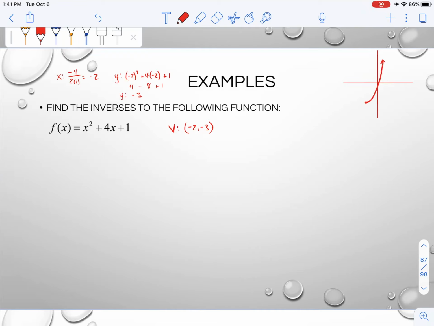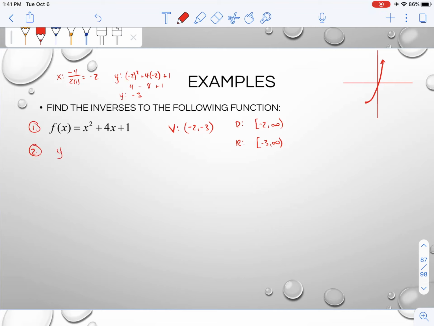Okay. Right. So here I'm going to have to restrict my domain, and I already did it in my graph. Right. I'm going to restrict the domain from negative 2 through infinity. My range is going to go from negative 3 through infinity. All right. Over step 1.